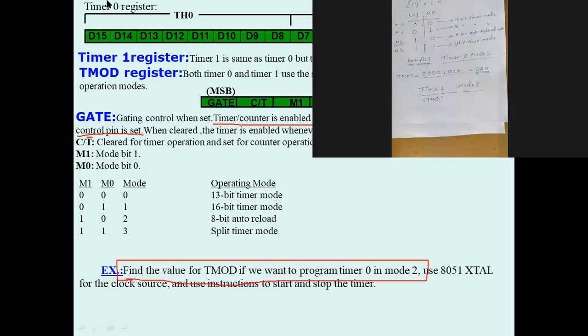Prepare your answer and I'll take randomly. I'll give 2 minutes.